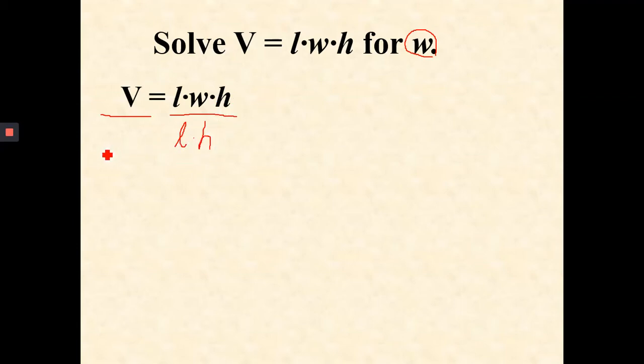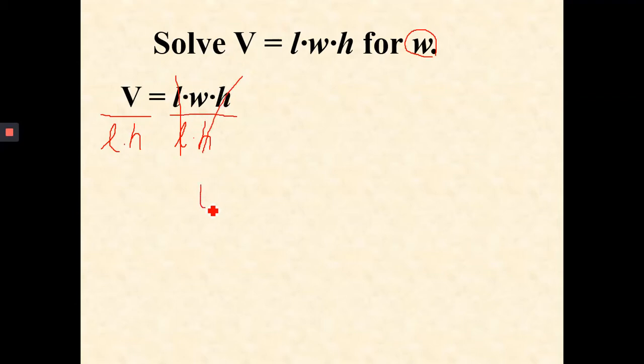Okay? So we're going to write L times H. So L divided by L, that is 1. And H divided by H, that is 1. So what is the remaining variable there?